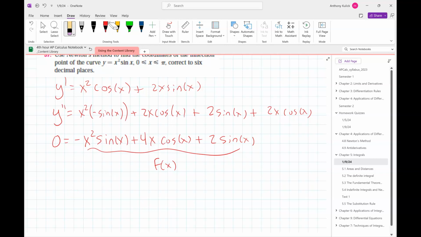I know that Newton's method is xn equals xn minus 1 minus f of xn minus 1 divided by f prime of xn minus 1, right? 37 from section, oh, I'm thinking of another. I was thinking of 4.9 for some reason.